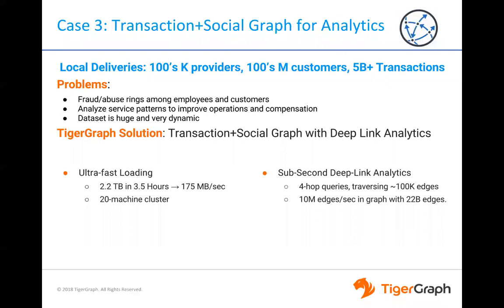It's also very dynamic. It's changing all the time. There's a lot of turnover. Transactions are being conducted at a very rapid pace. So they needed a database that could be very quickly updated, and they also needed something that could do deep link analytics to help them detect the fraud.